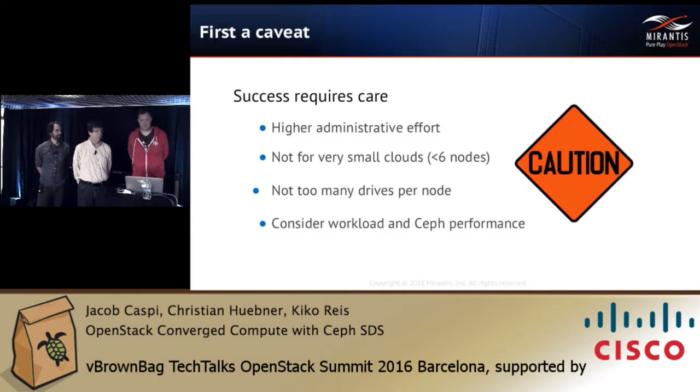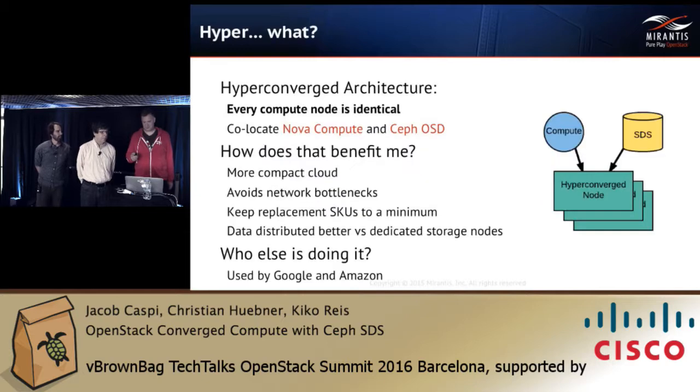And this leads to the third point: not too many drives per node. Especially if you have a small cloud, limit yourself to 4 or 5 drives per node and you will be okay. And finally, make sure that if you have extreme high CPU workloads, there's enough overhead left to run your Ceph. I would like to hand over now to Kiko.